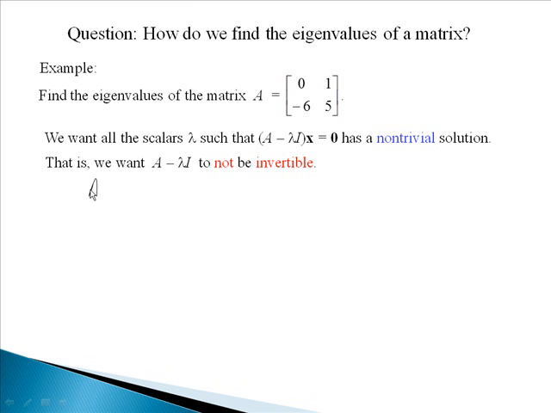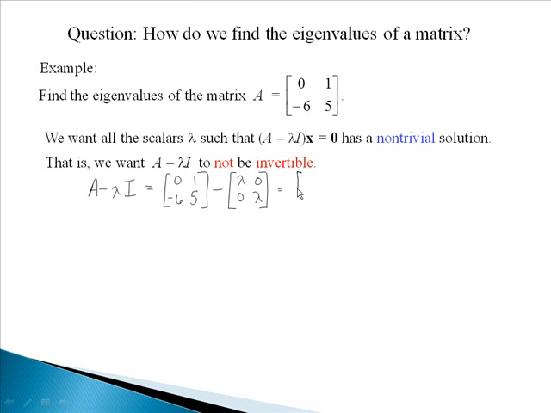So first, let's find what A minus lambda I is. So we have our matrix A first, and we're going to subtract then lambda multiplied by the identity. So that means we're going to have lambda on the diagonals with 0 everywhere else.